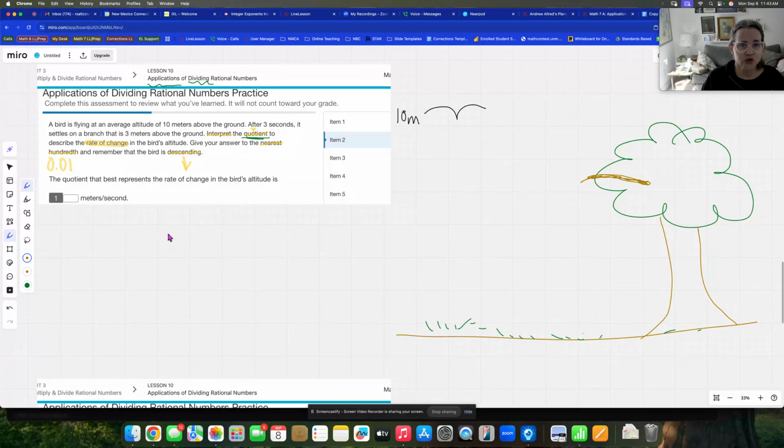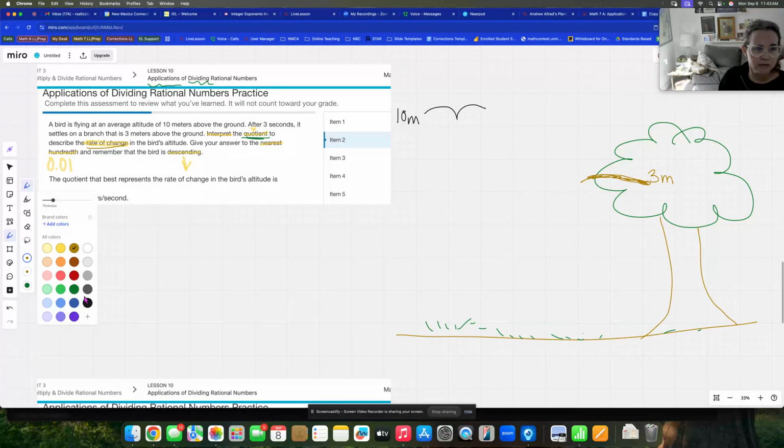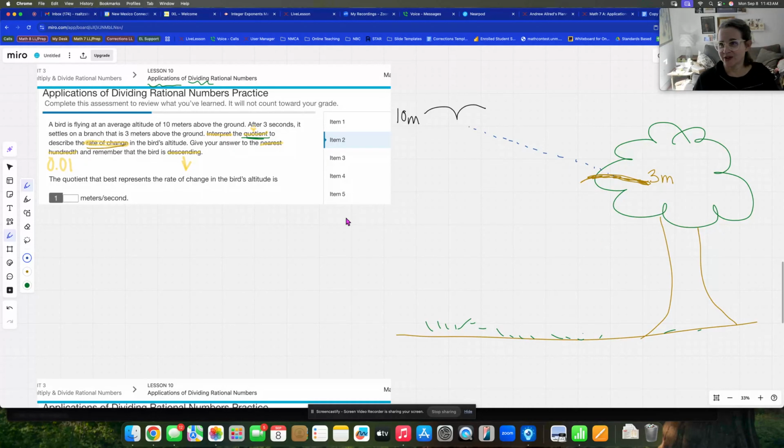And that branch is 3 meters above the ground. All right, so now the rate of change, what's changing here? Let me draw the path of the bird. The bird is going to fly and get lower and lower until it lands on this branch.